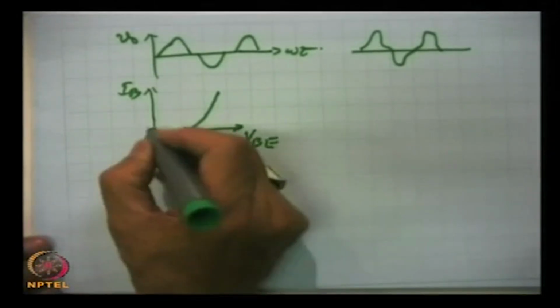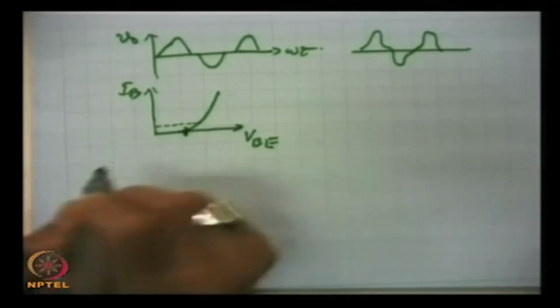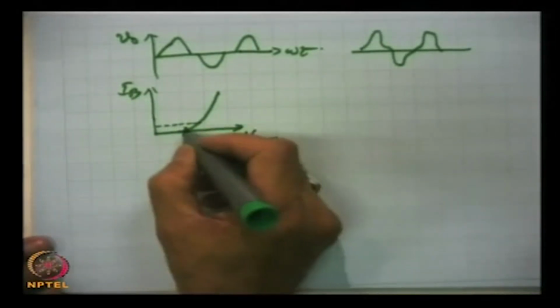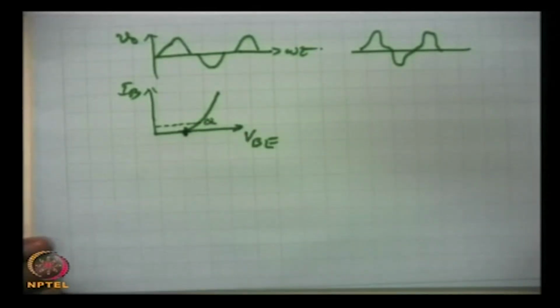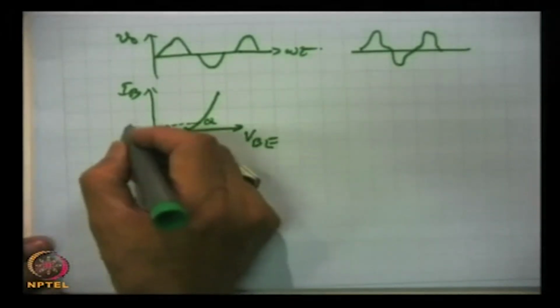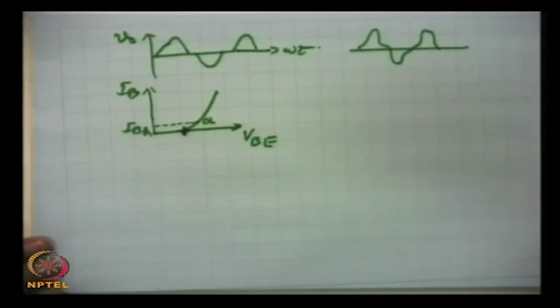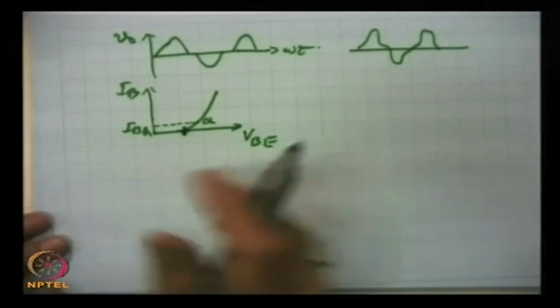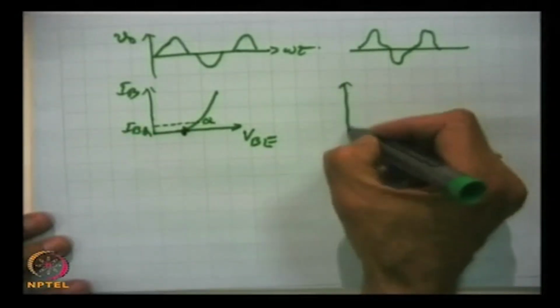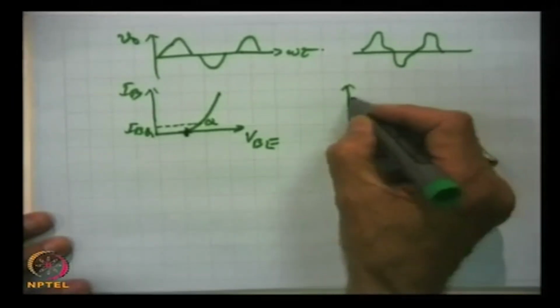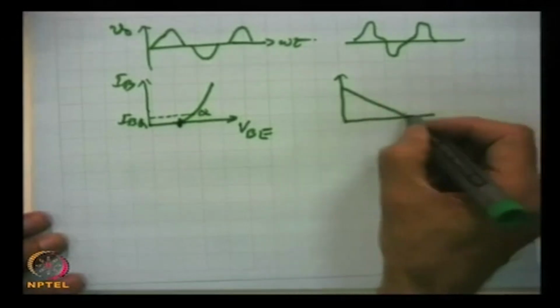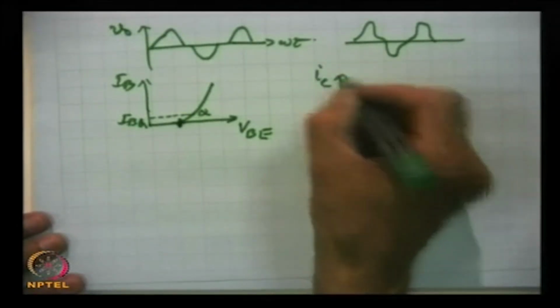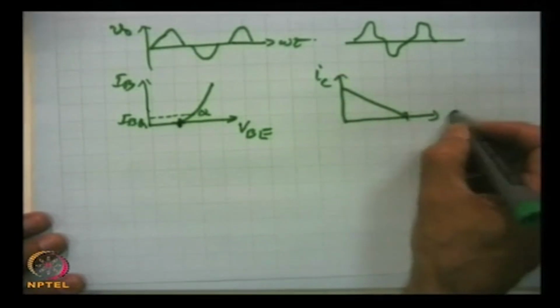Instead of here, we take a little, we shift our operating point from here to here. So, this becomes the operating point and this becomes the base current at the operating point. Correspondingly, this is the load line, and this is IC and this is VCE.